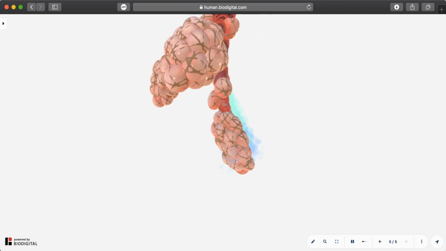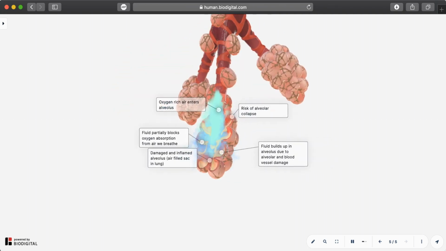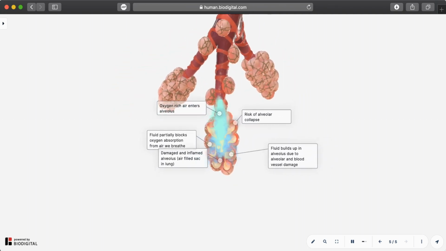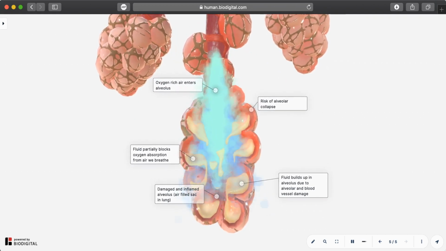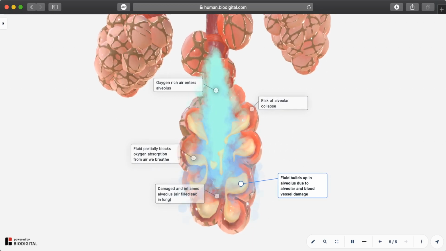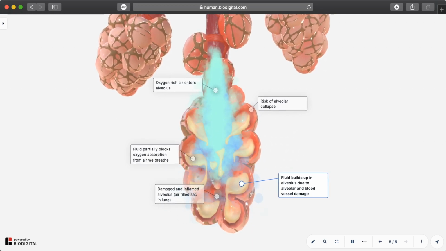So, what is acute respiratory distress syndrome? In COVID-19 disease, acute respiratory distress syndrome happens because of the fluid that is getting built up in the alveolar sacs, and this fluid is obstructing the passage of oxygen and air.